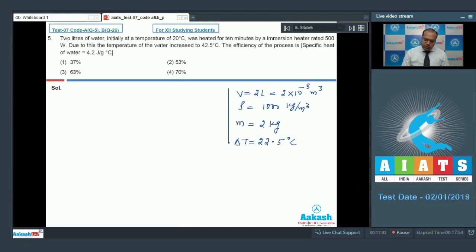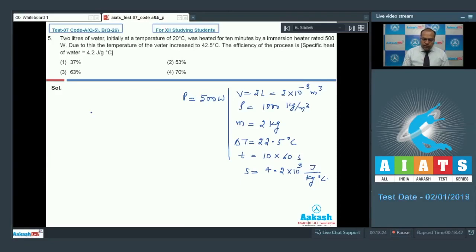So it comes out to be 22.5 degree Celsius. Power is given in the question, P is 500 watt, and time is 10 into 60 seconds. Now we have to calculate the efficiency. The specific heat of water S is 4.2 joule per gram degree Celsius, which I can write as 4.2 into 10 raised to the power 3 joule per kilogram degree Celsius.